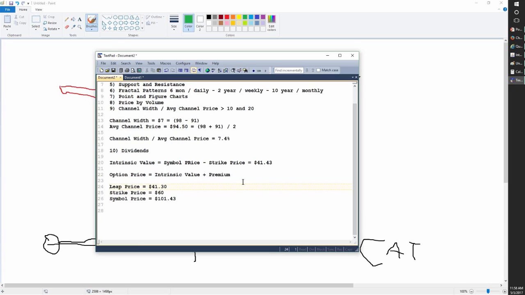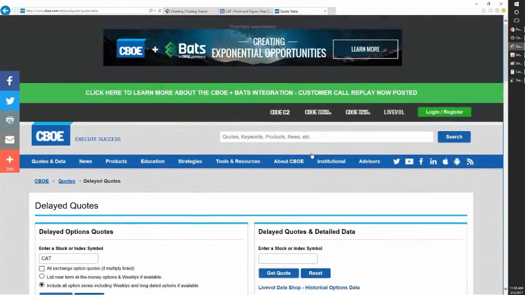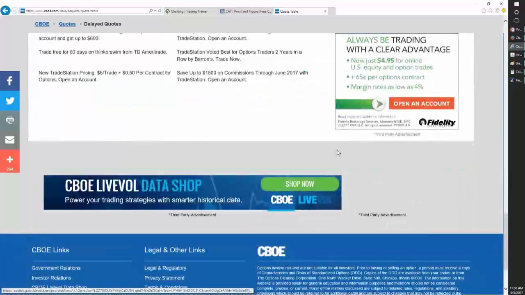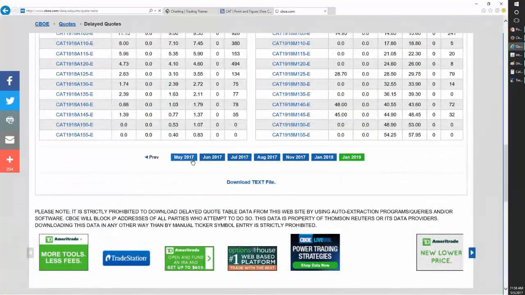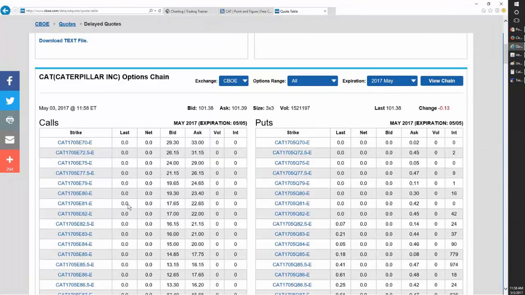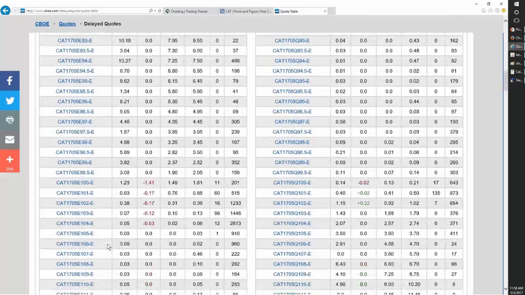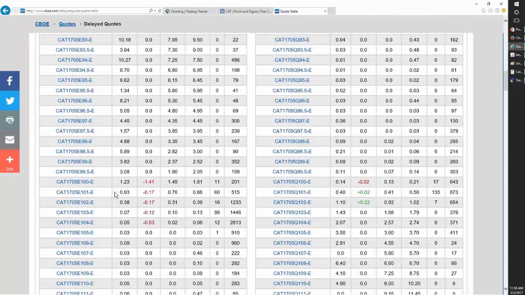But now if you think about it, we were talking about selling the call option, the May 19th. Let's go back to May. We were talking about selling the May 101 or May 100. Let's go with the May 101.